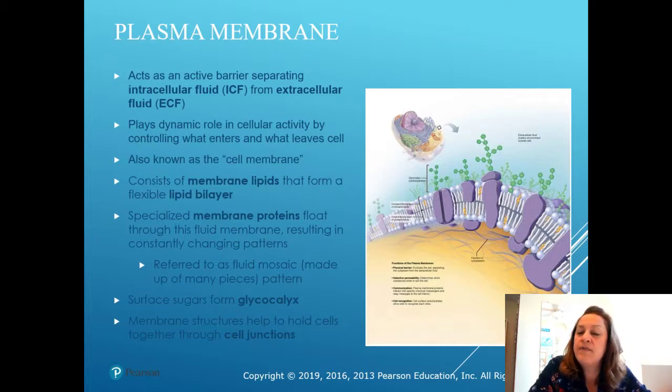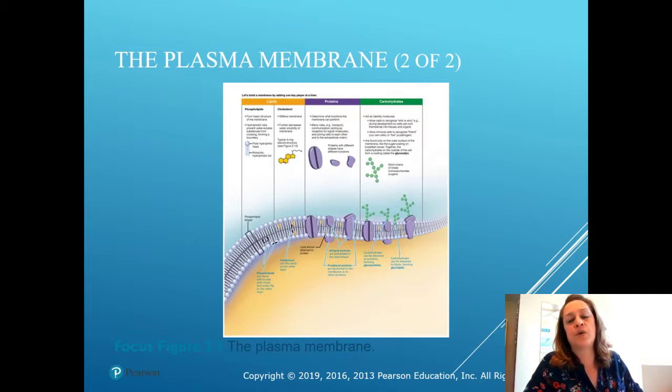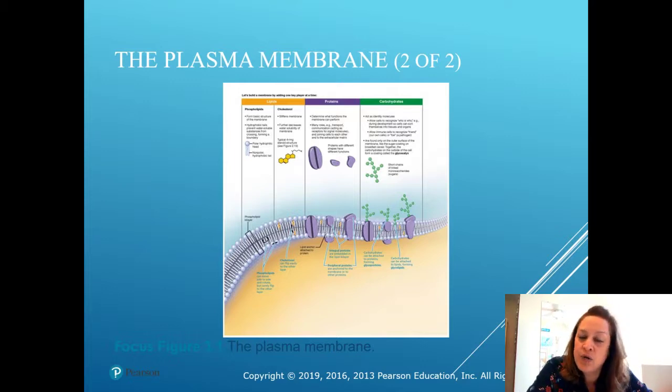And each of those provide specific functions to create a functional plasma membrane. And again, we have the phospholipids, we have embedded cholesterol, we have membrane proteins, and we have carbohydrates. And again, all of those are going to provide different functions. The phospholipids provide that barrier. You'll notice the inside of the cell is that orange color.